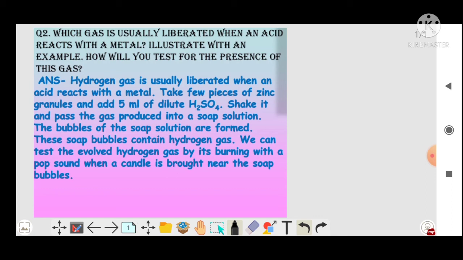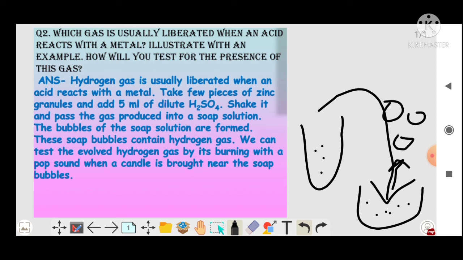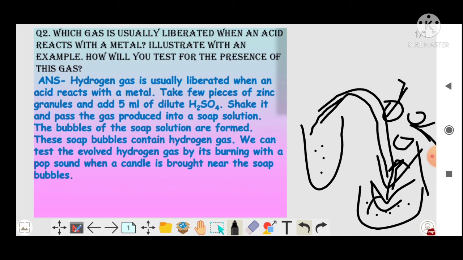Take a few pieces of zinc granules and 5 ml of dilute H2SO4 in a test tube. Shake it and pass the gas produced into a soap solution. As a result, gas bubbles are formed, and the bubbles contain hydrogen gas. Hydrogen gas comes through a delivery tube into the soap solution, and the soap bubble is formed.